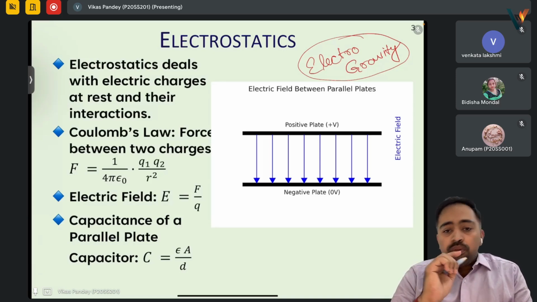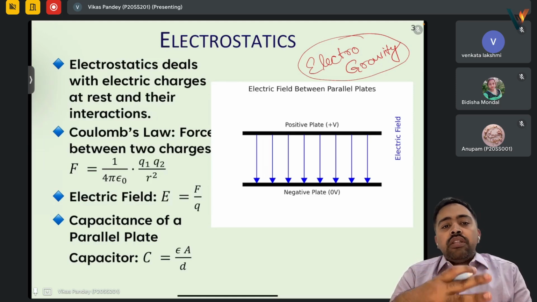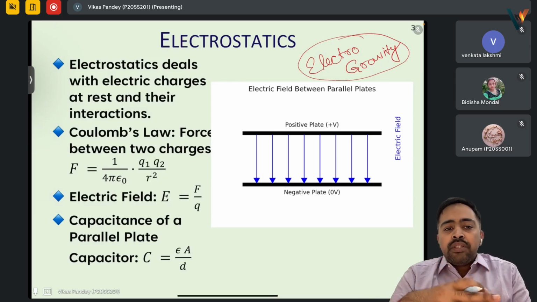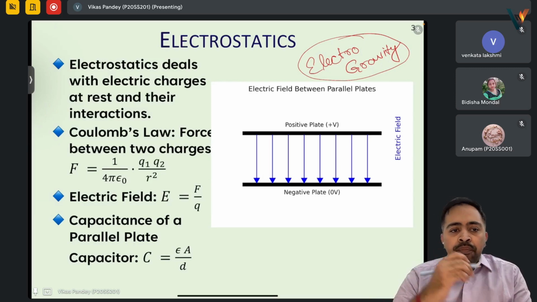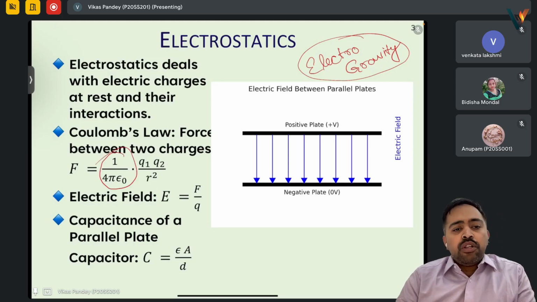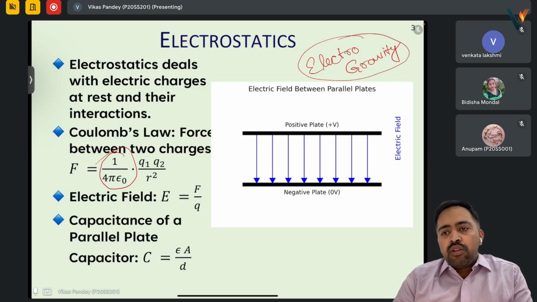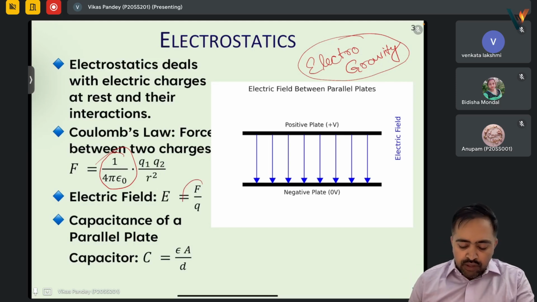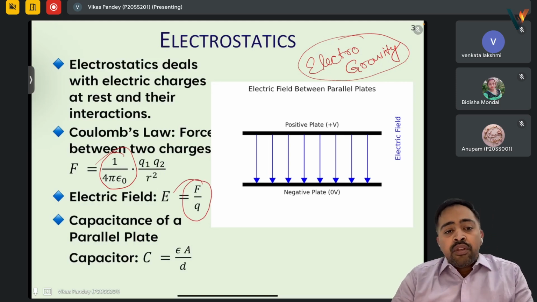Okay, so just to revise, the Coulomb law defines the force between two charges separated by some distance r. The force is given by 1 upon 4 pi epsilon naught, q1 q2 divided by r square, where q1 and q2 are charges and r is the distance between these. The corresponding electric field is force divided by charge.